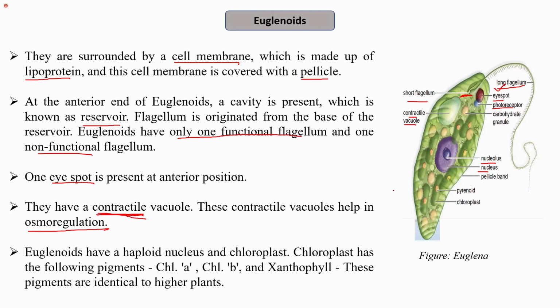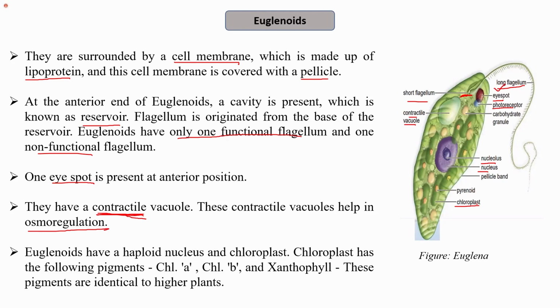They have chloroplasts present in these organisms that help in synthesizing food in the presence of sunlight, and the pigments present in the euglenoids are similar to the ones present in higher plants. So that was the reason they were earlier kept in the kingdom Plantae.